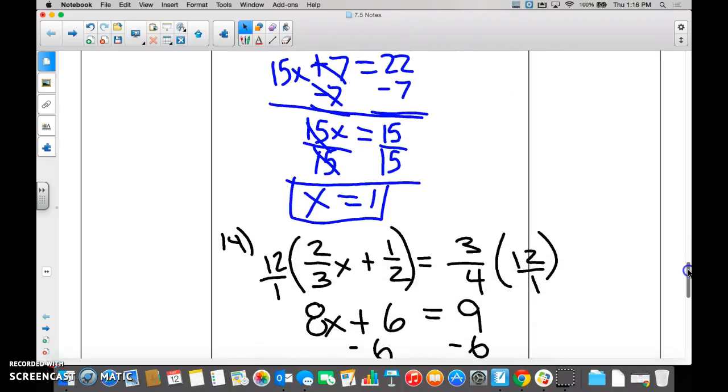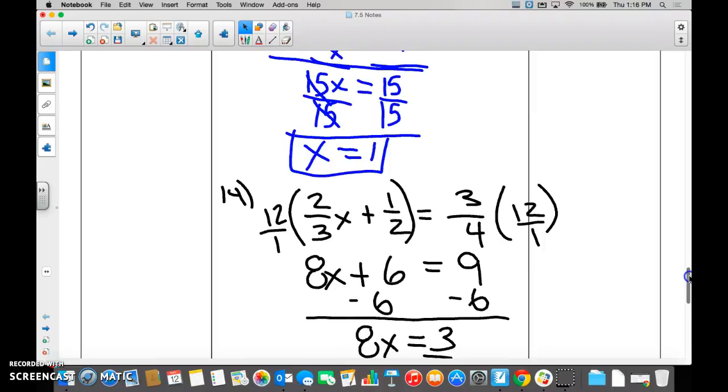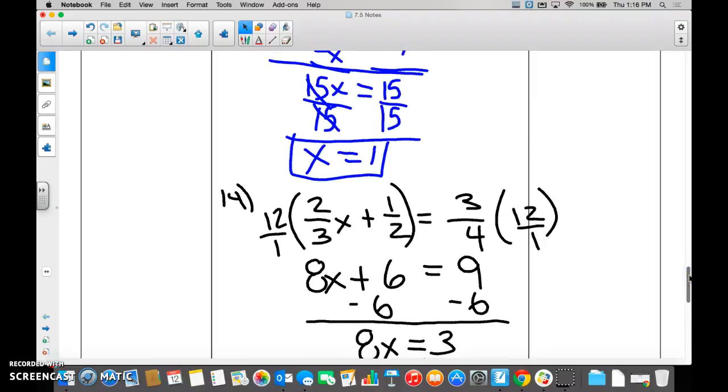I'm going to skip down to number 14. What did we do on this problem? We had 2/3 x plus 1/2 is equal to 3/4. We love working with fractions, right? No. Do we want to work with fractions or would we rather work with non-fractions? Non-fractions. So remember, we took the numbers 3, 2, and 4, all the denominators, and we found the LCM.